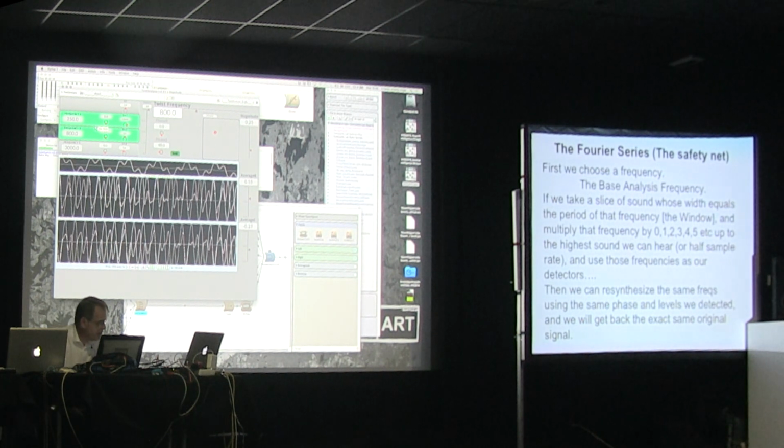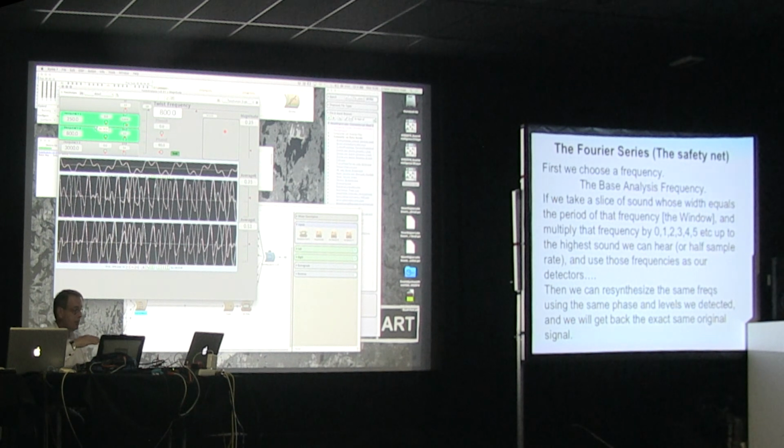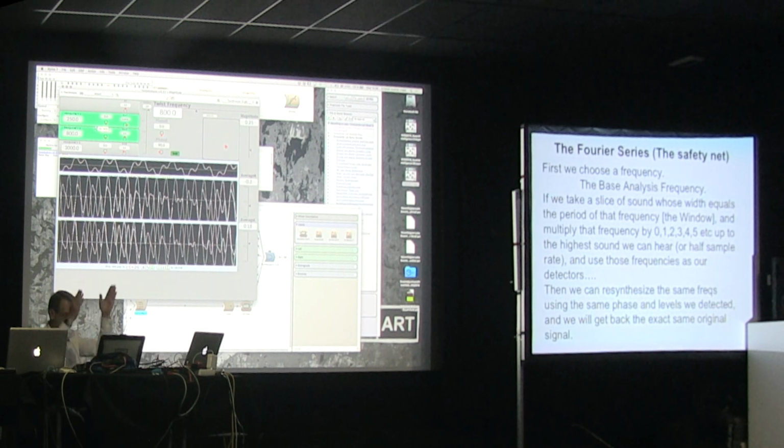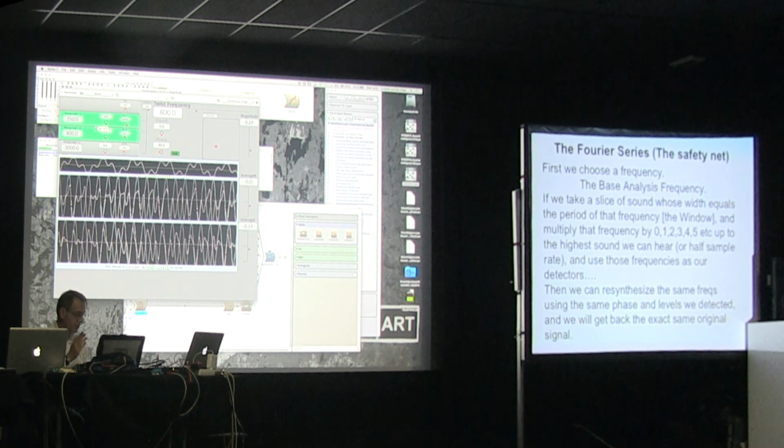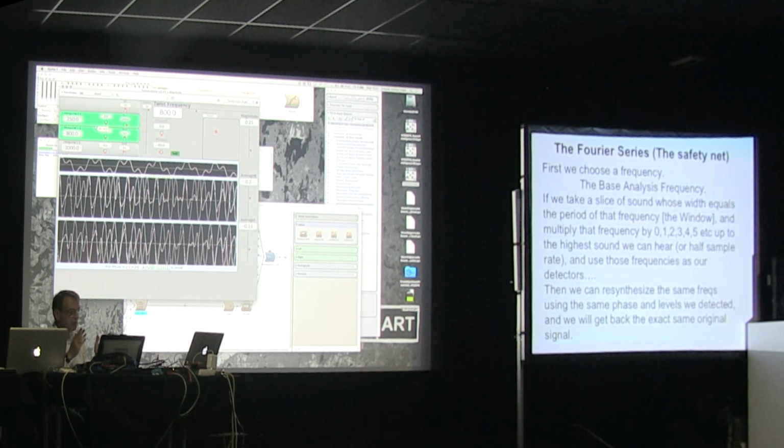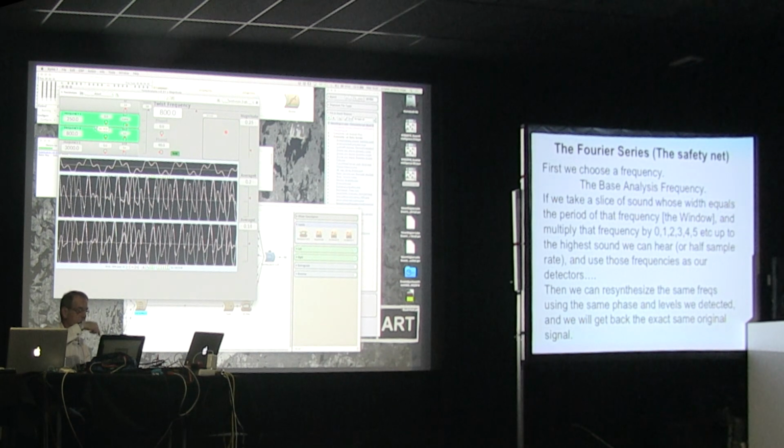And this is where the frequencies are based on: you pick a frequency and then you do 0 times that frequency, 1, 2, 3, 4, 5, all the way up to half the sample rate. And if you make a slice that is the width of the period of the very first frequency, your actual analysis frequency, then by synthesizing the sine waves that you get back, you will end up with exactly the original signal.